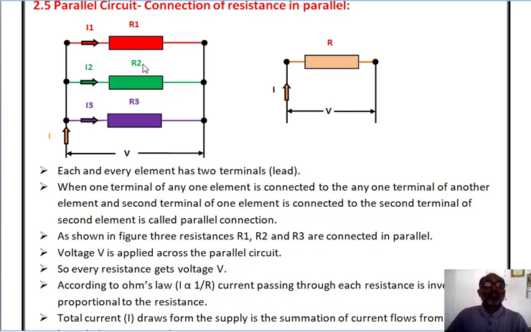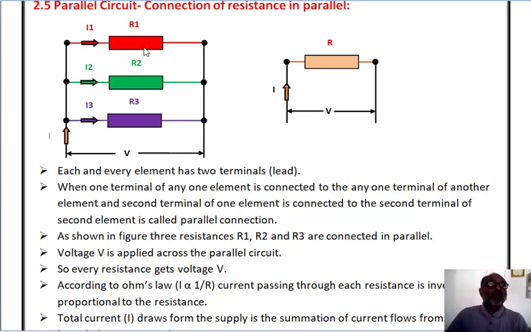Now, as shown in this figure, resistances R1, R2 and R3 are connected in parallel. This parallel combination is connected across a supply. Here you can see the voltage V is applied across this parallel circuit.